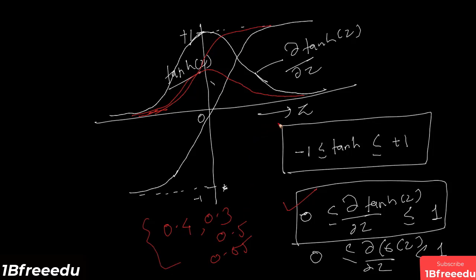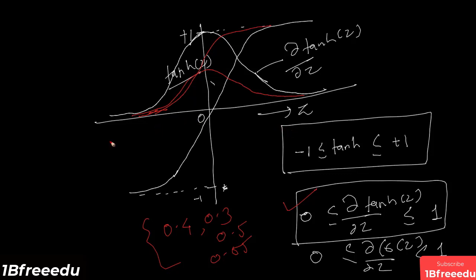So these were the two important activation functions of the pre-deep learning era, before the advent of ReLU. We understood the shapes of sigmoid, the derivative of sigmoid, tanh, and the derivative of tanh.